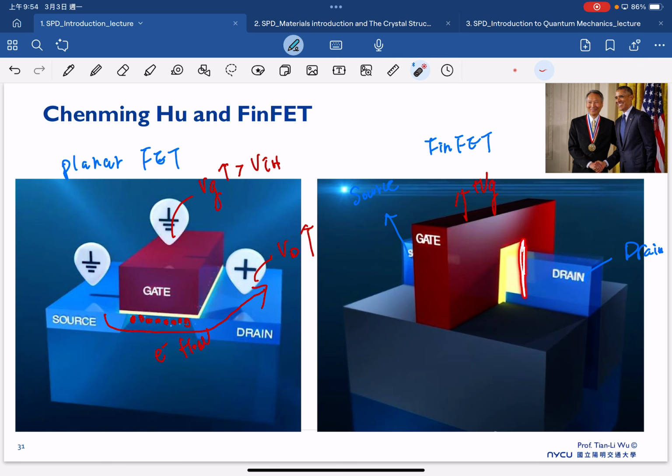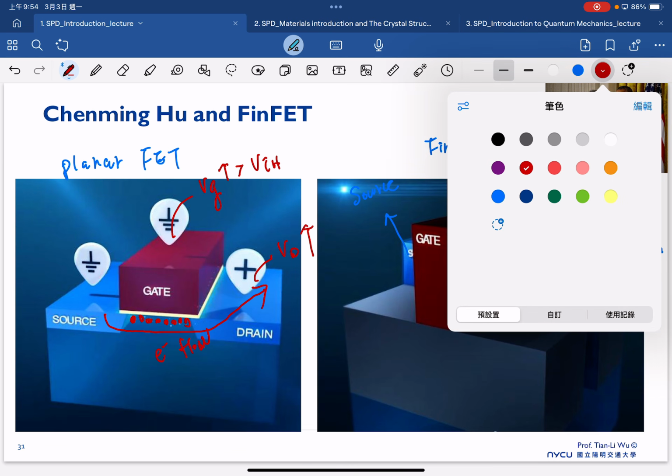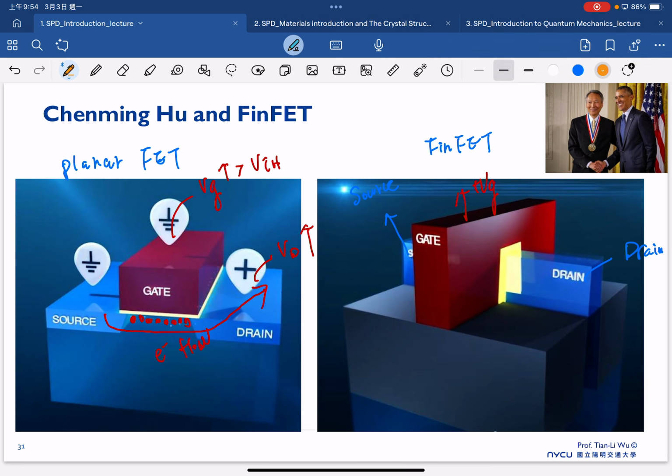So now you can imagine this is a transistor that has electron flow from the top. This is very similar to our planar MOSFET, but we also have electron flow from the sidewall.